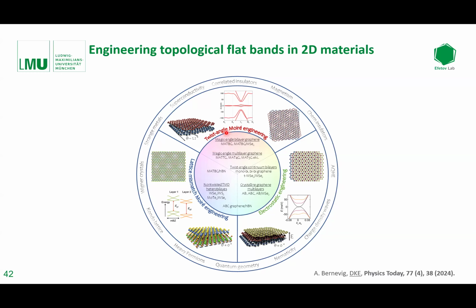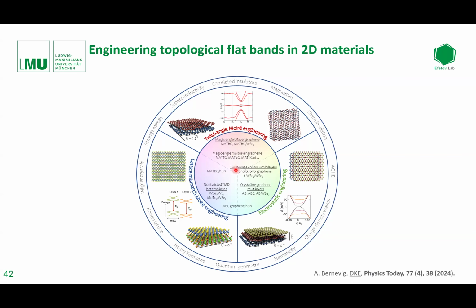Not only can you take 2 layers of graphene and create flat bands from moire engineering, but you can, of course, do it with 3 layers, 4 layers, and 5 layers. These mirror symmetric materials have emerged and have shown quite high robustness of superconducting states.